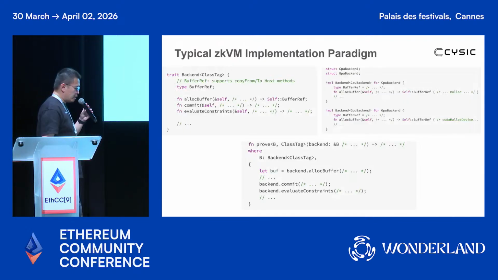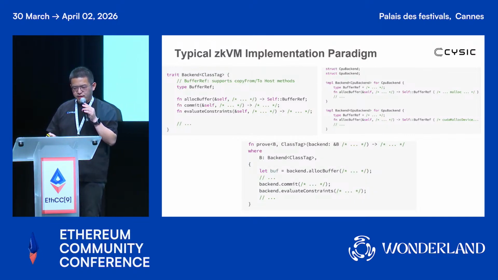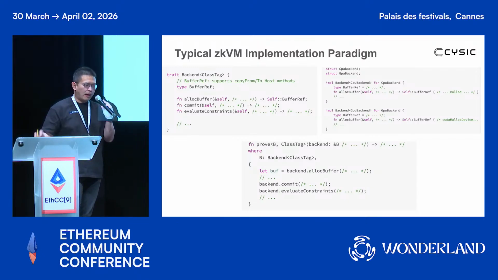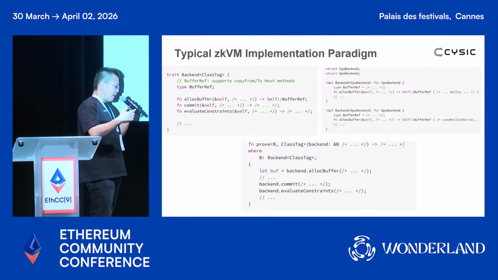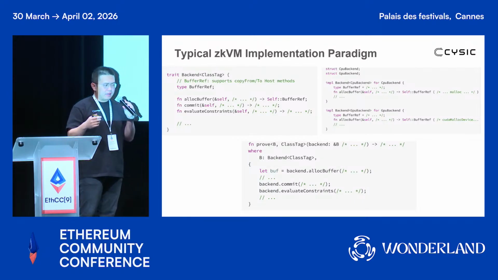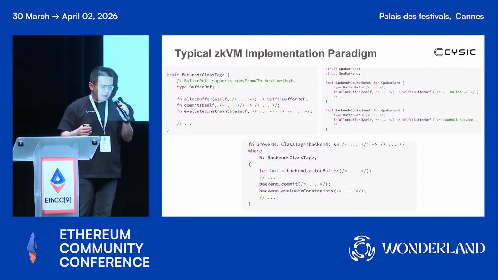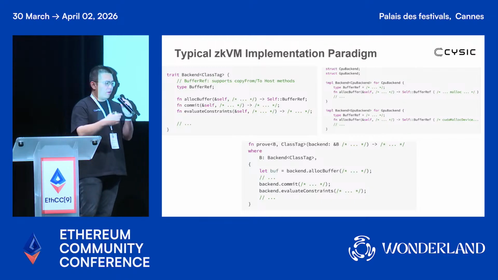So here is how the coding paradigm of several previous ZKVMs looks. First you do some wrapping around the internal core operations, such as allocating your buffer or other things.